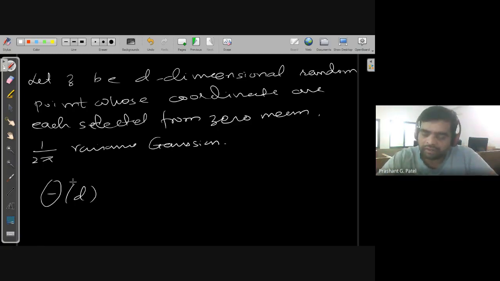On the other hand, the probability density in the unit ball is bounded below by a constant, and thus we conclude that the unit ball must have vanishingly small volume.